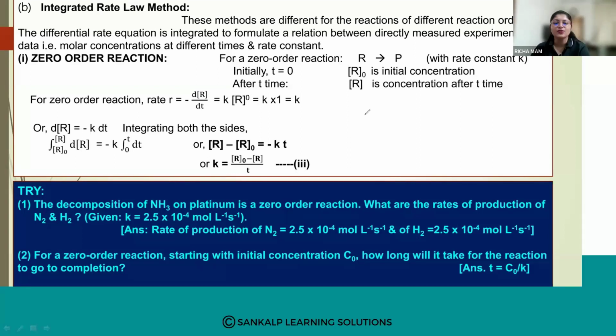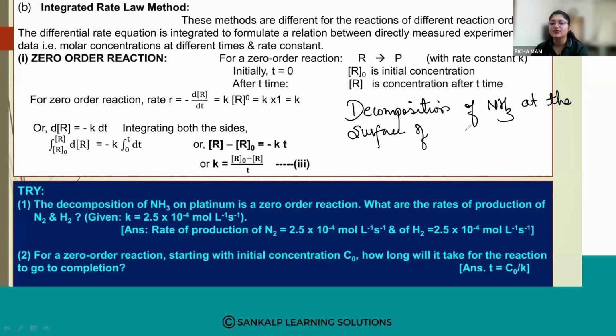The example I can give you is the decomposition of ammonia at the surface of metals like platinum, gold. So this is an example of a zero order reaction.